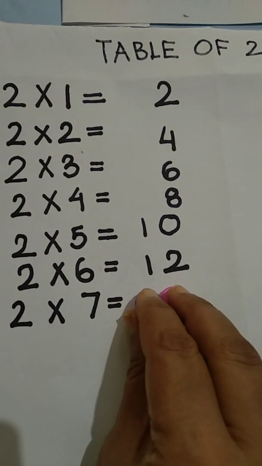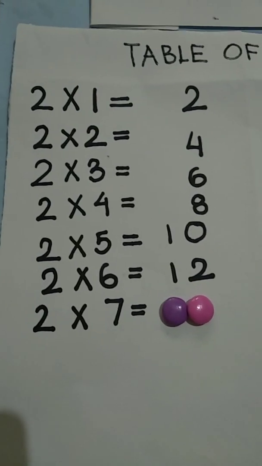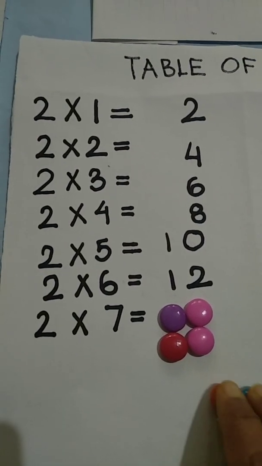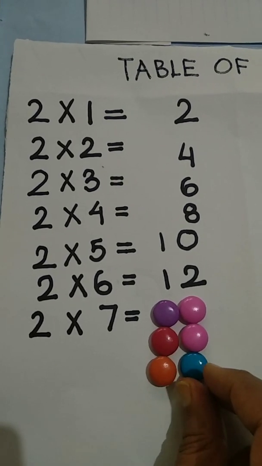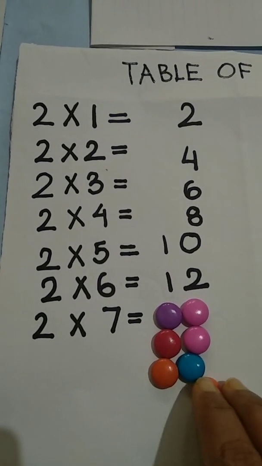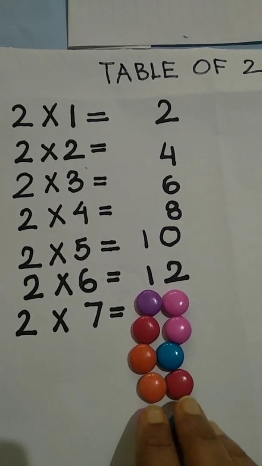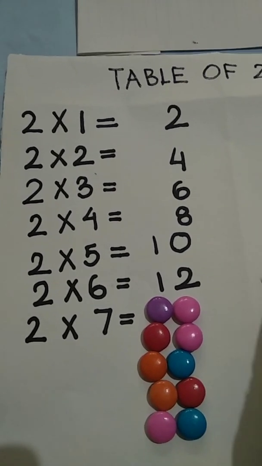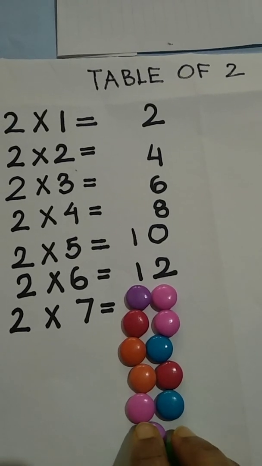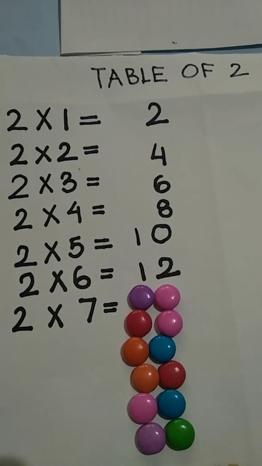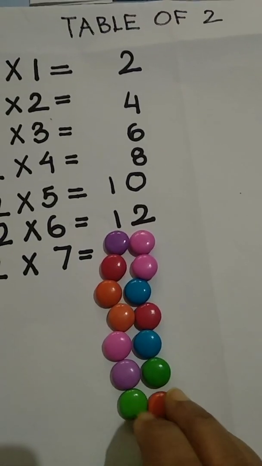So we are going to take the gems. 1 times 2, 2 times 2, 3 times 2, 4 times 2, 5 times 2, 6 times 2, and 7 times 2.